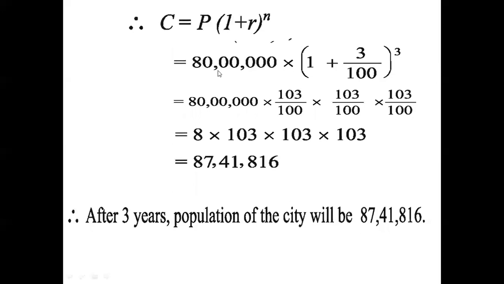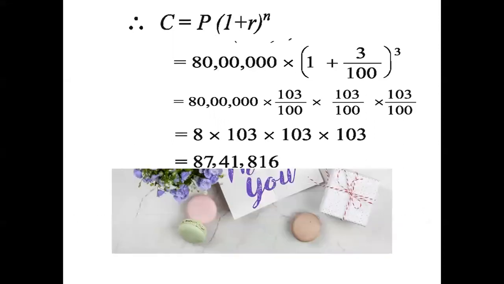Here P equal to 80 lakh, R equal to 3 by 100. Then calculating it, we get the result 87 lakh 41,816. So after 3 years, population of the city will be 87 lakhs 41,816.